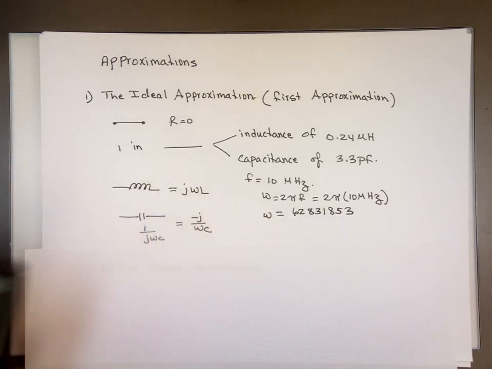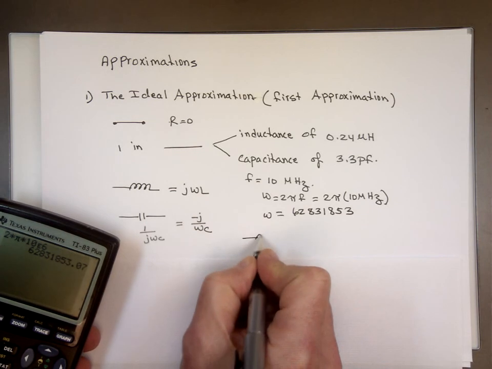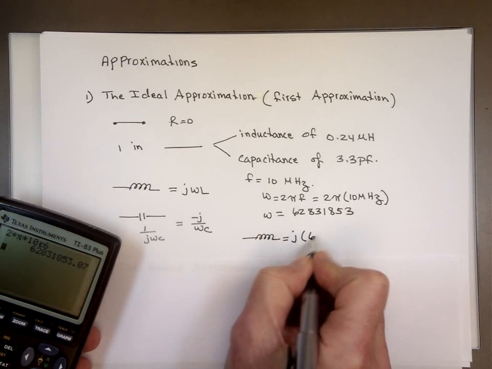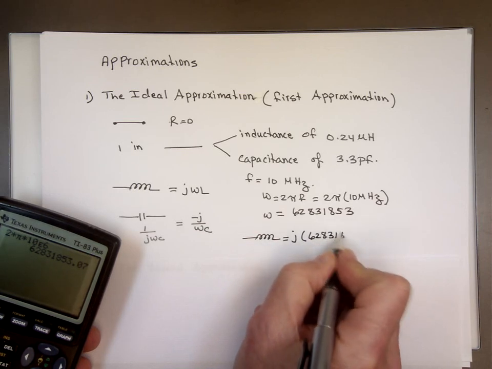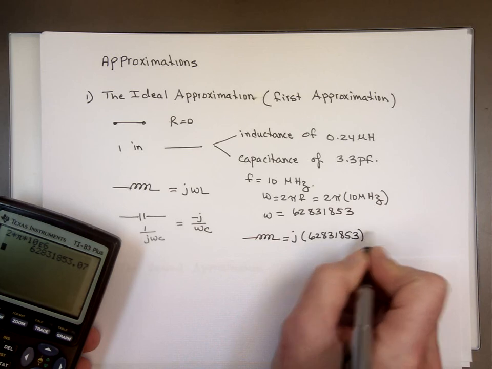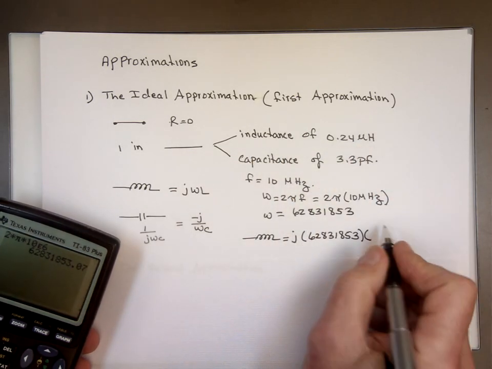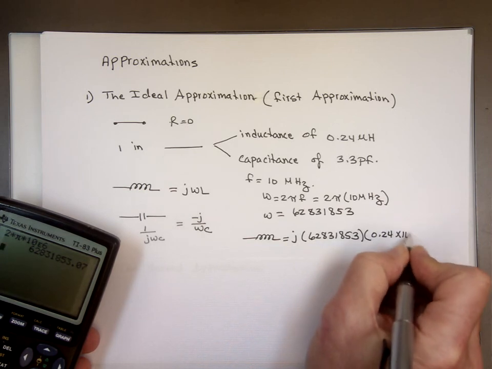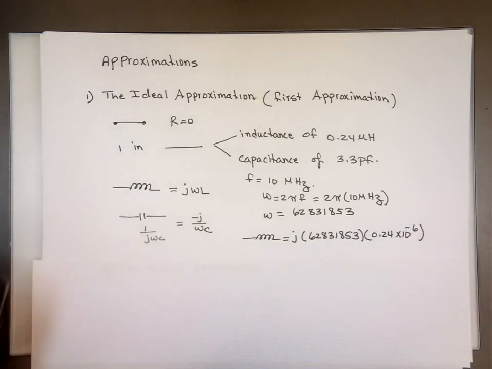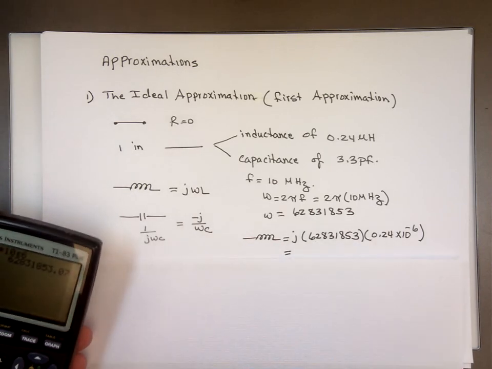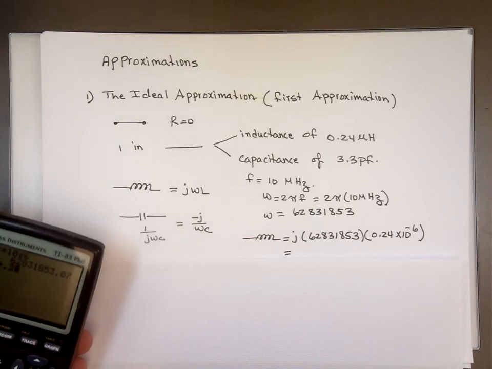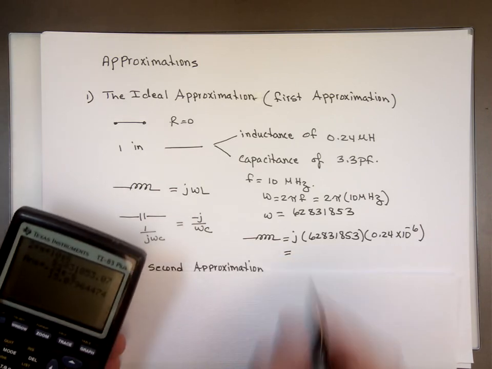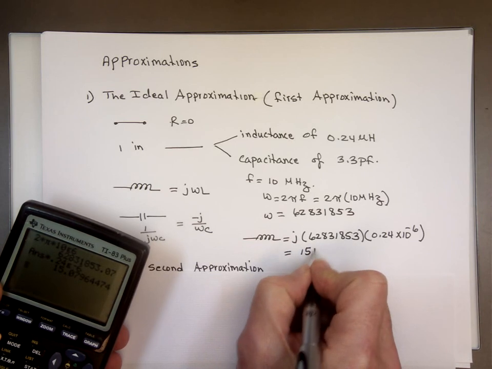So that 1 inch wire now will have an inductance value equal to j times 62831.853 times the value of that inductance, which is 0.24 micro. Multiply that by 0.24 times 10 to the negative 6, and it's going to have a value of roughly 15j.